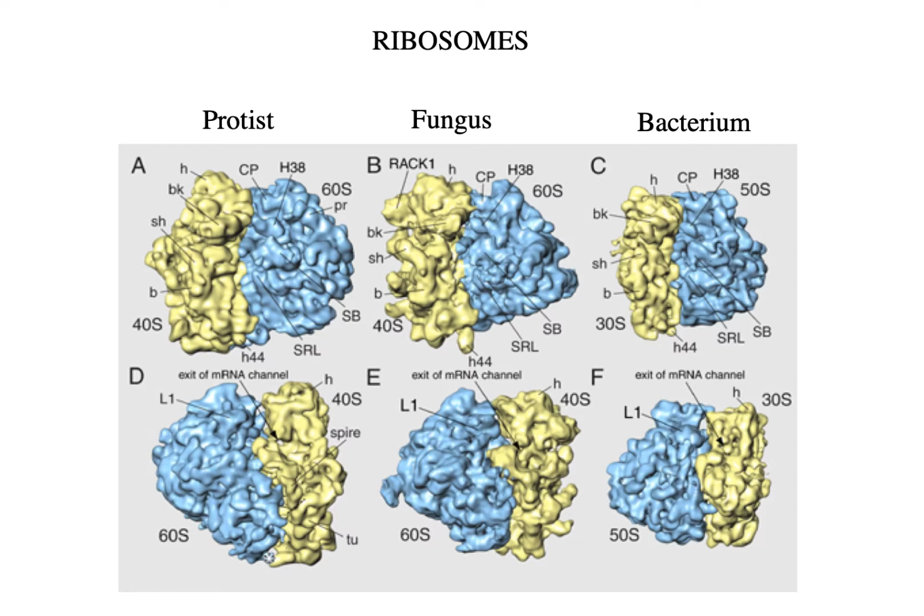But remember from our evolutionary trees and what I've talked to you about endosymbiotic relationships and phylogenetics, that archaea were the source of the eukaryotes. So although the archaeal ribosomes are closer in size to the bacteria, certain characteristics of those ribosomes look more like eukaryotic ribosomes than bacterial ribosomes.